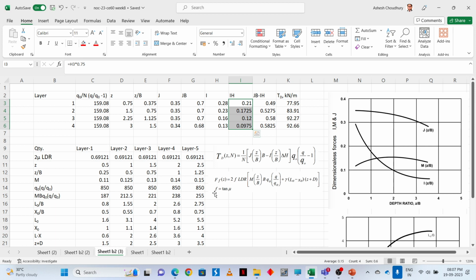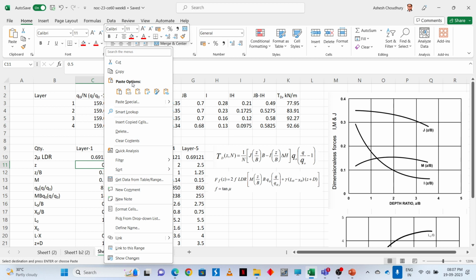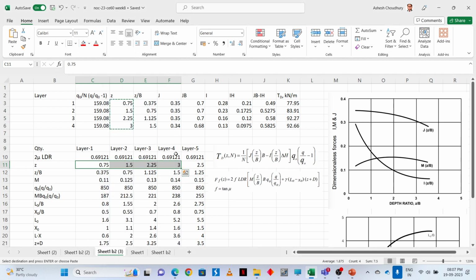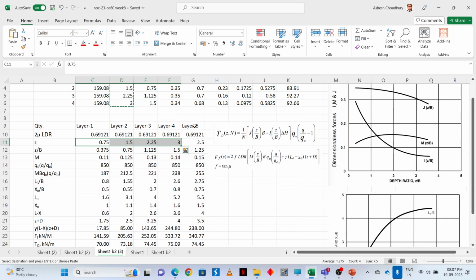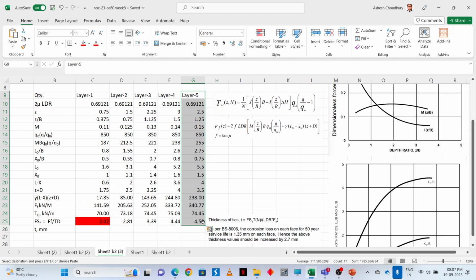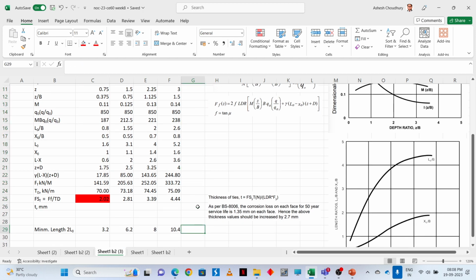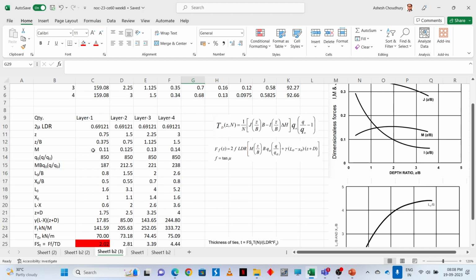So this is the TT value. This Z I have to change. This does not exist. So M's you need to do now.